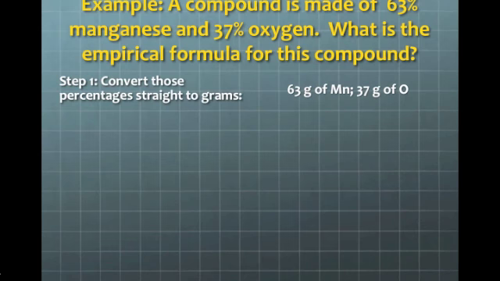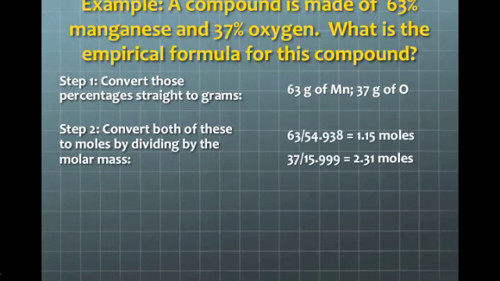Step 2, I'm going to convert both of these into moles, so I'm going to go to my periodic table. I have 63 grams of manganese. Manganese has a molar mass of 54.938. You get that straight off the periodic table. I'm going to divide. I get 1.15 moles. Same thing for oxygen. 37 divided by that molar mass, I get 2.31 moles of oxygen.